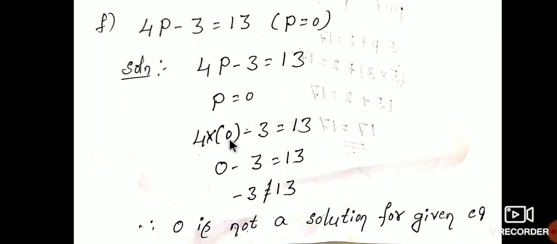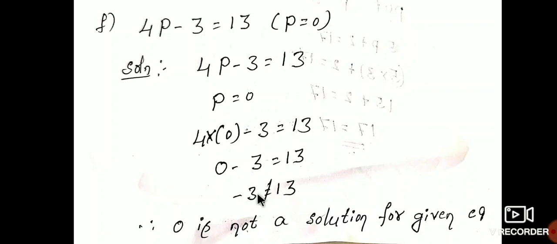4 into 0 minus 3 is 13, I substitute the p value. Here 4 into 0, 0, minus 3 is equal to 13. 0 minus 3 means minus 3 is equal to 13. Is LHS equal to RHS? No. The LHS value is minus 3 and the RHS value is 13.